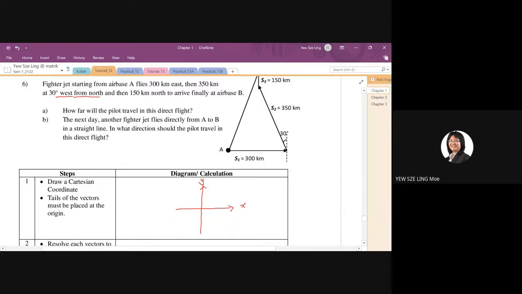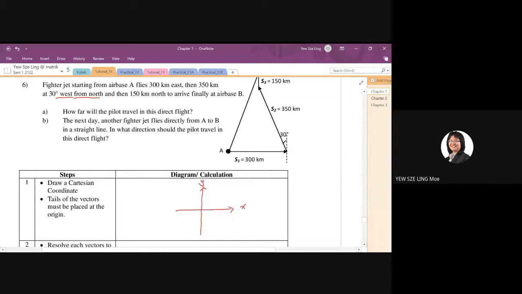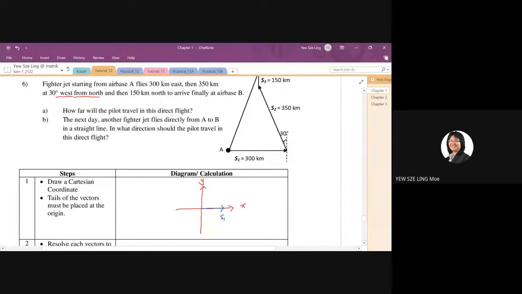S1 is going to the right-hand side, which means it's located on the x-axis. So this is your S1. S2 is 30 degrees from the y-axis and is located on the negative x side.